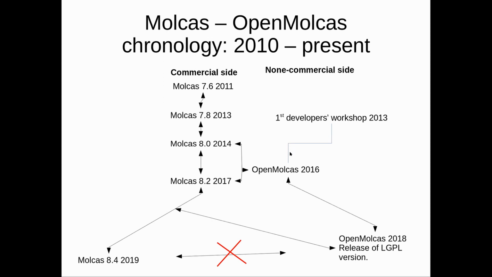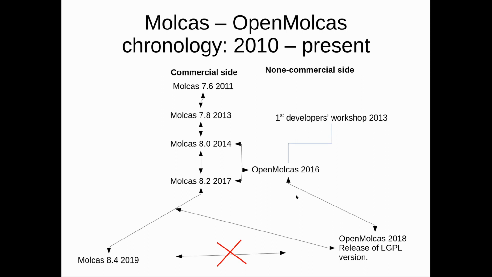A few years later, we determined that we should go towards an open source platform. And for a short while, the OpenMolcas and the Molcas package were like two conjoined twins. They were integrally integrated into each other.